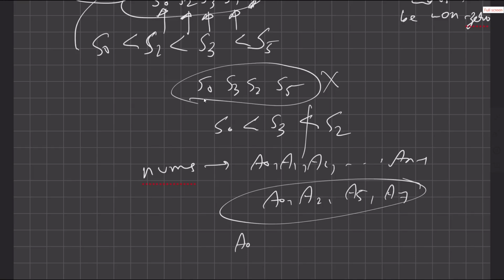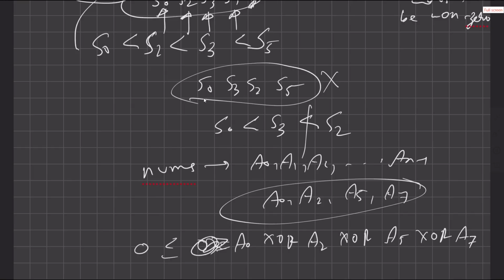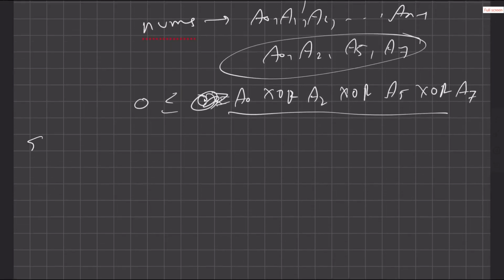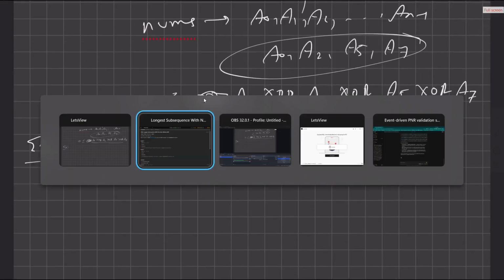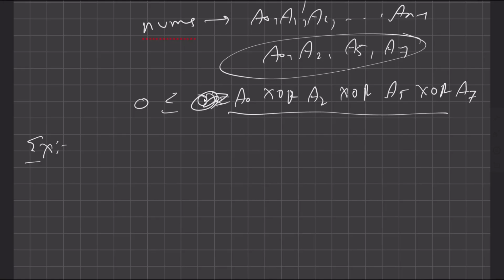When you do a0 XOR a2 XOR a5 XOR a7, the result has to be greater than 0. So let's understand what they're trying to say. Let's take an example and understand.